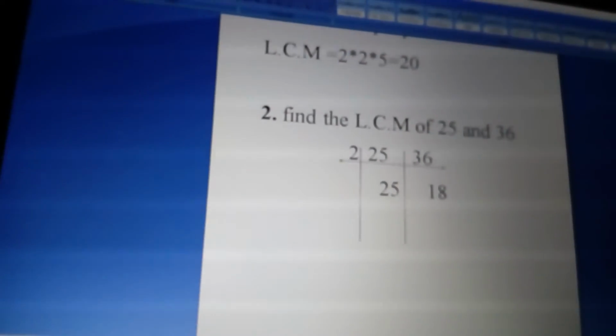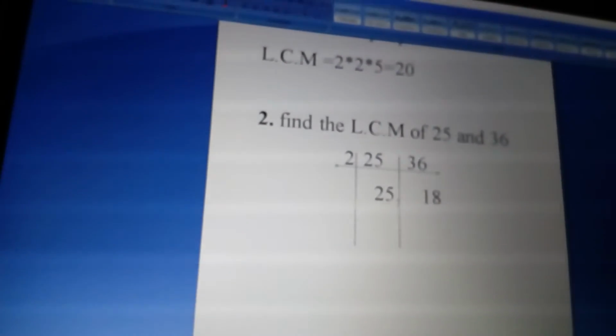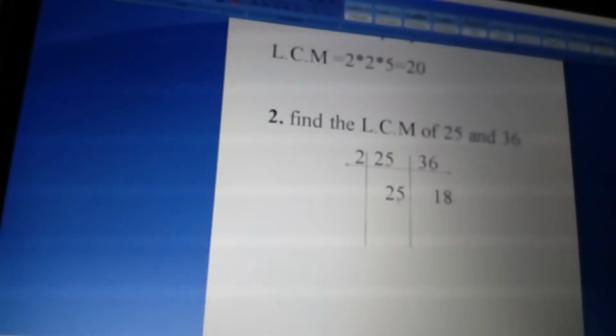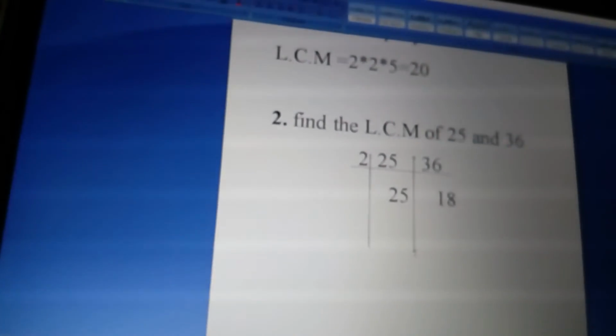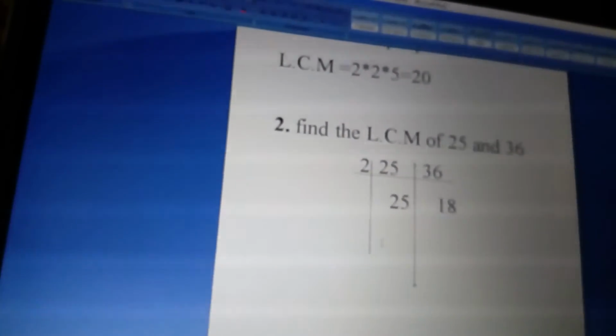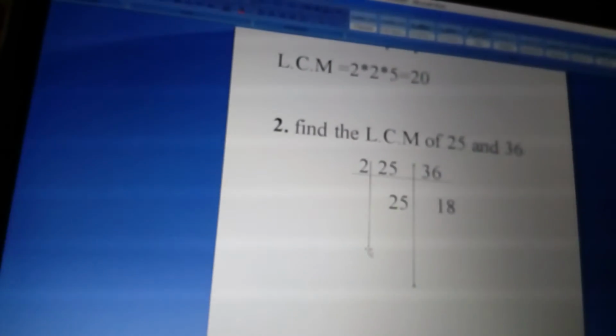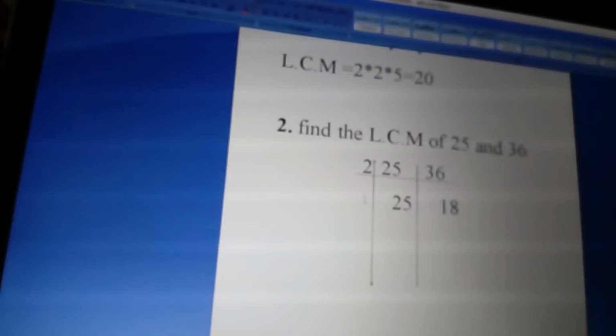Now we're done with this first number, so we move to the next stage. You test 25 divisible by 2, no. 18 divisible by 2, yes.